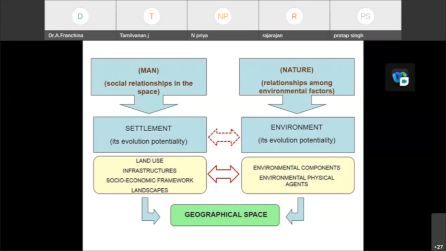For many things, for example, in one word, I can say resource. We need resources to lead a life. The resources themselves we can classify into renewable resource, non-renewable resource, etc. So in any part, either abiotic or biotic, we are depending on this nature.